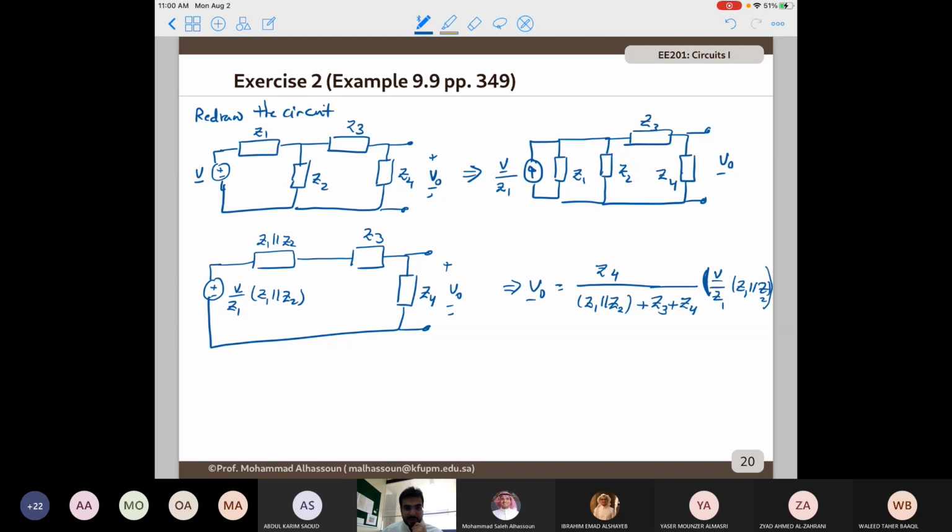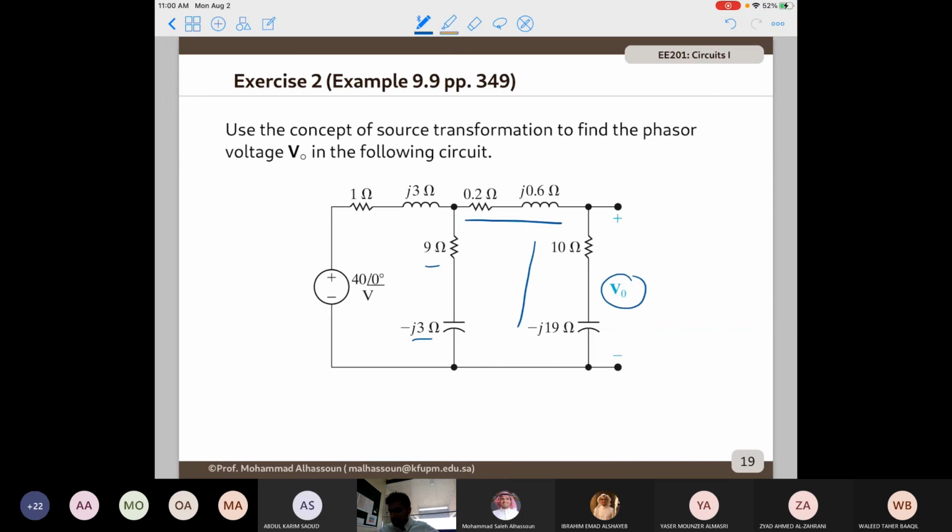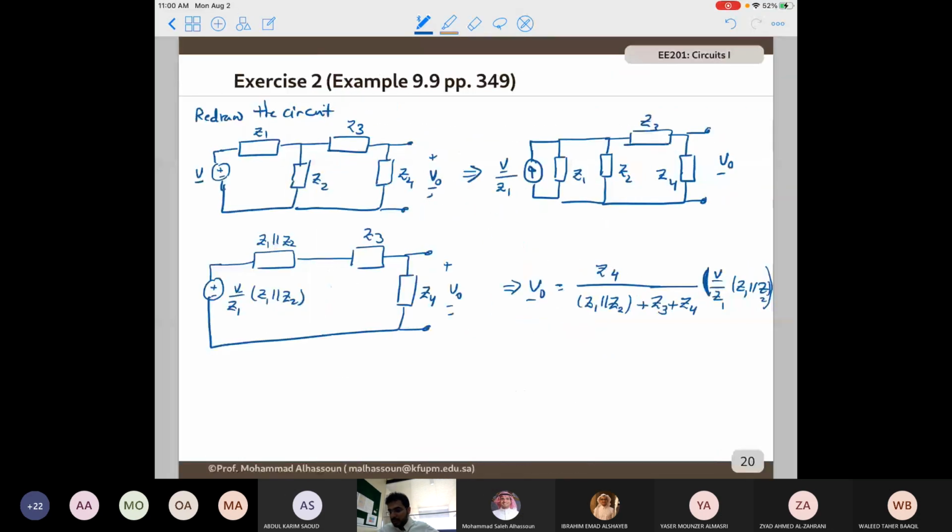The second approach is you do it step by step. What we did here, we assumed that we have building blocks, and then at the end of the day, we substitute. But you can actually start substituting from the beginning, meaning that if you apply source transformation to convert this circuit to a current source in parallel with the resistor, then you will have, so this is 1, this is 2.